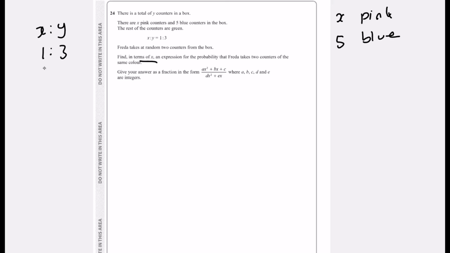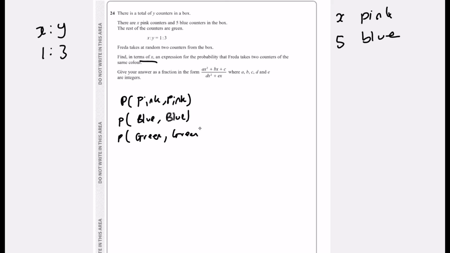So we want the probability of 2 pink, the probability of blue, blue, and the probability of green, green. And we want it just in terms of X, so we don't want any Y's. So we can use this ratio to put everything in terms of X.